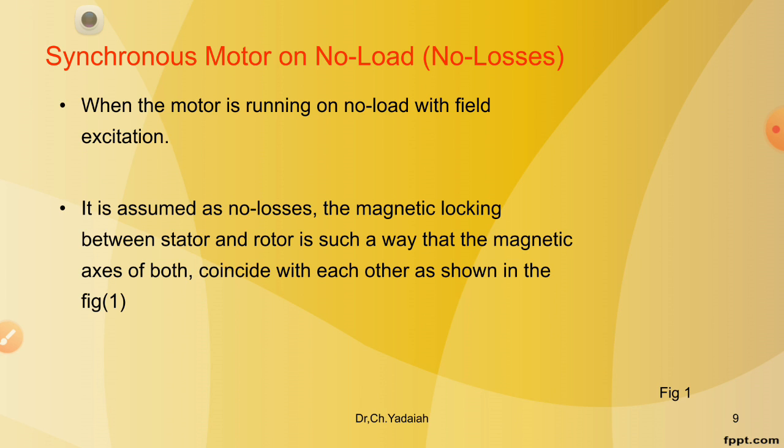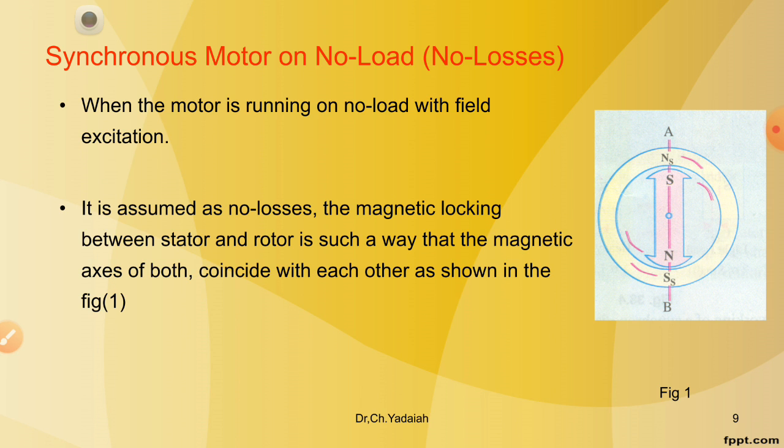Let us assume the magnetic locking between stator and rotor is such that the magnetic axes of both coincide with each other, as shown in the figure. You can see here, under normal condition, the stator magnetic axis and rotor magnetic axis both coincide. The angle difference between the two axes is 0.